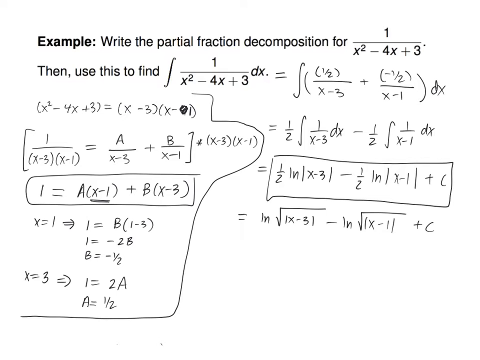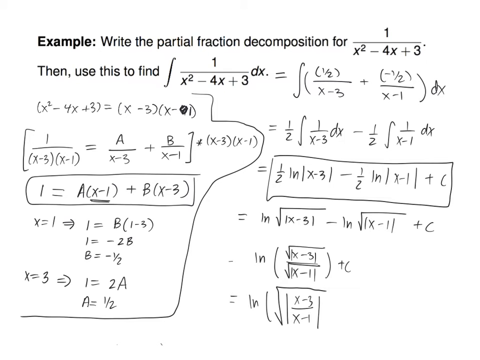And when you have 2 logs subtracted, what does it condense down to? A log of a ratio. Absolute value of the ratio or not? It is. So the best way to write it is log of a big, huge square root, absolute value, x minus 3 over x minus 1.